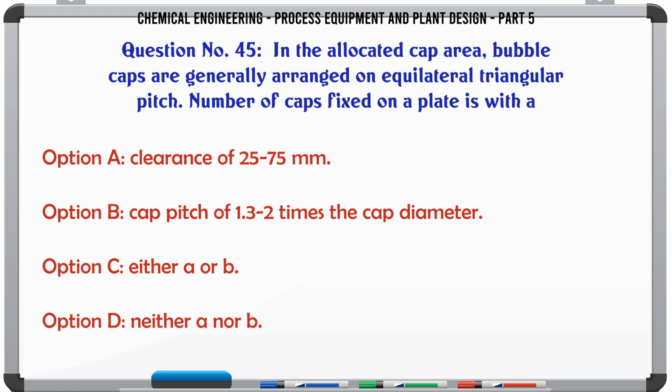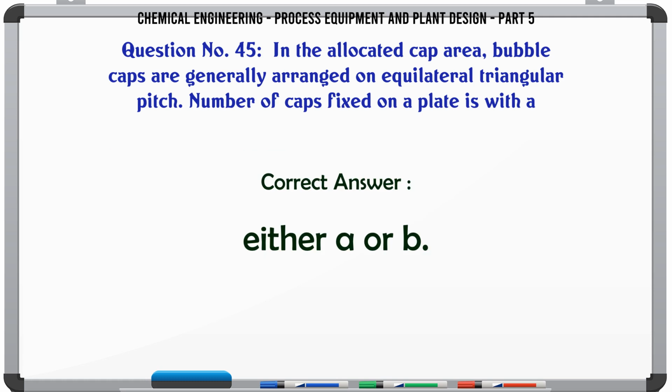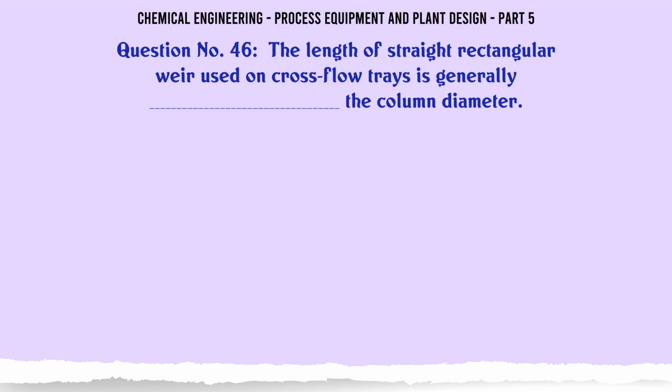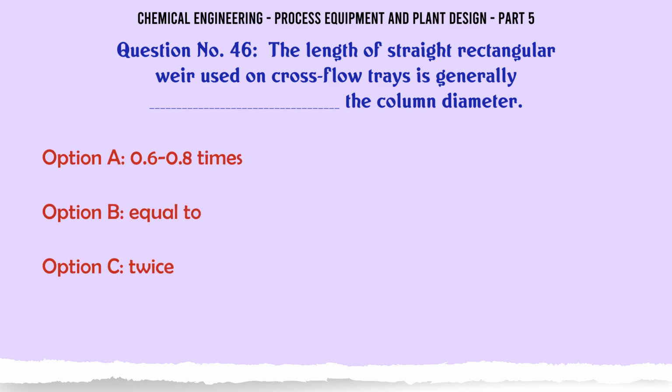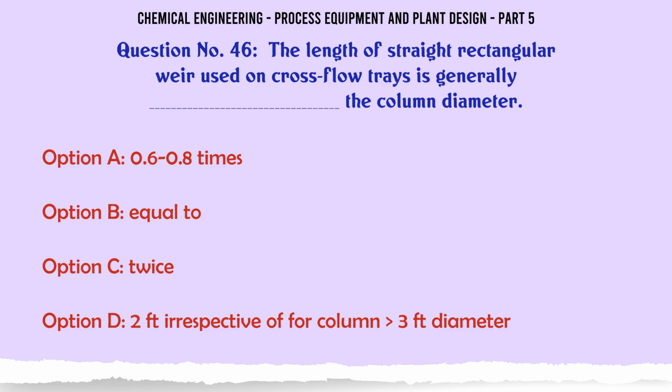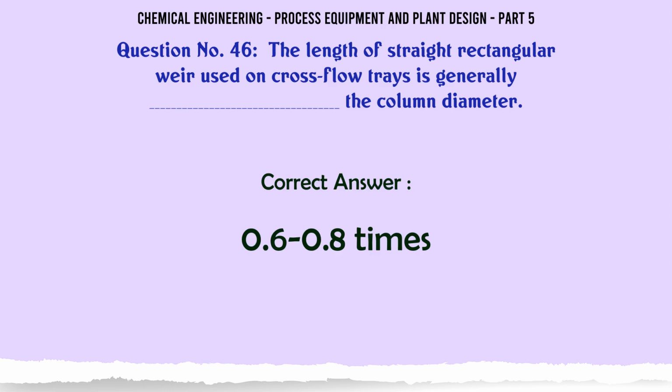Number of caps fixed on a plate is with A. clearance of 25-75 mm, B. cap pitch of 1.3-2 times the cap diameter, C. either A or B, D. neither A nor B. The correct answer is either A or B. The length of straight rectangular weir used on cross-flow trays is generally the column diameter, A. 0.6-0.8 times, B. equal to, C. twice, D. 2 feet irrespective of column diameter. The correct answer is 0.6-0.8 times.